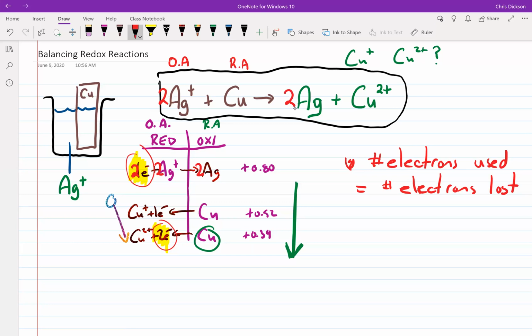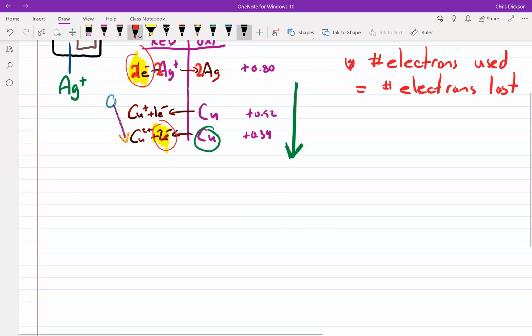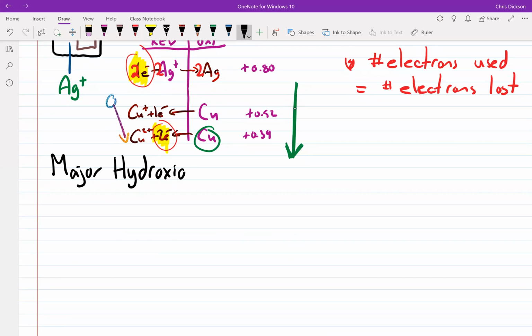But in yesterday's class, I did cover a method called the major hydroxide method. I actually prefer to write it this way, major hydroxide method.